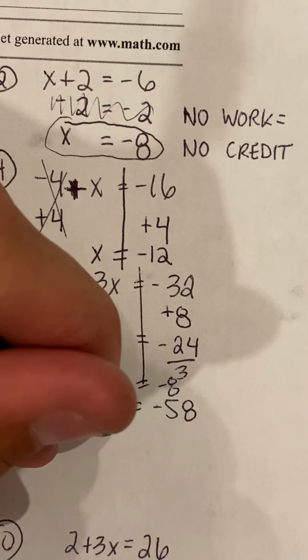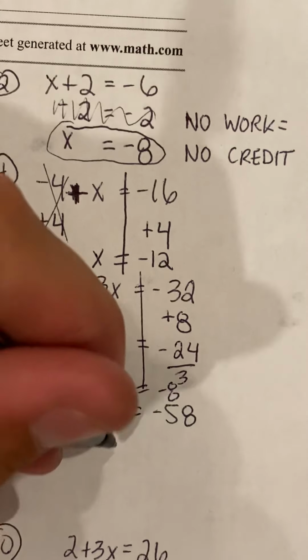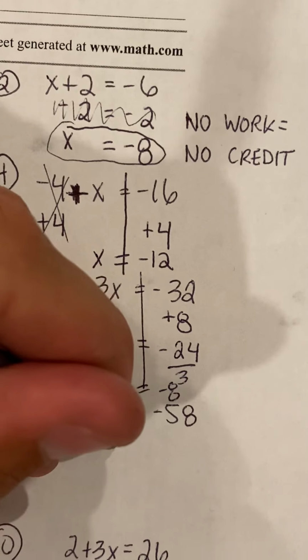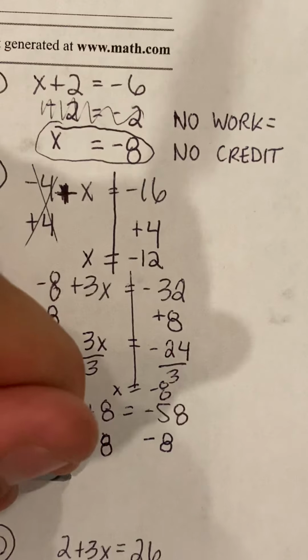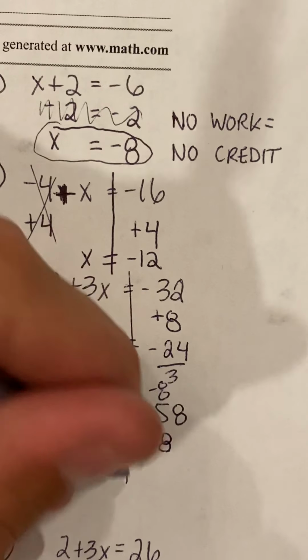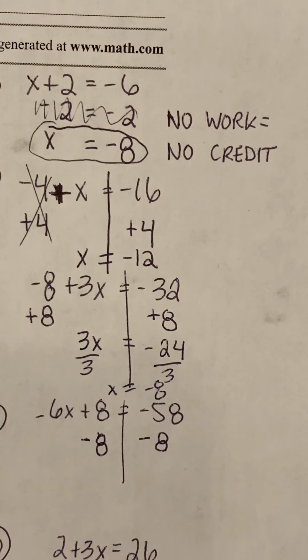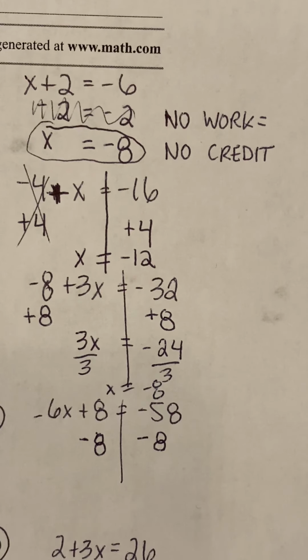Okay, as we get to these ones here, we get a little bit bigger numbers. Use your calculator where you have to. So when I subtract 8 here, -58, if you need to use your calculator, go ahead. You can use the one on your phone. You can get like a $5 or a $10 one from Meyer.